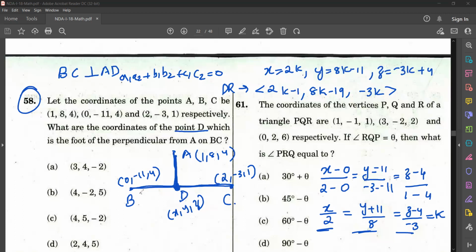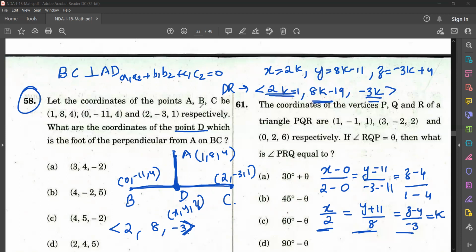The direction ratio of BC is (2 - 0, -3 + 11, 1 - 4), that is (2, 8, -3). So apply it: 2(2k - 1) + 8(8k - 19) + (-3k)(-3) = 0.